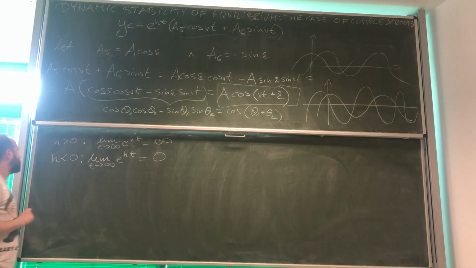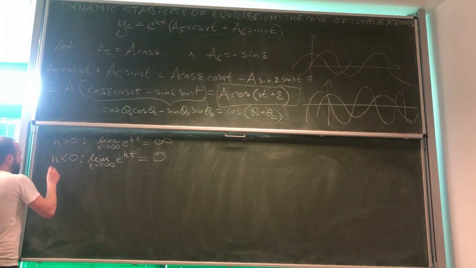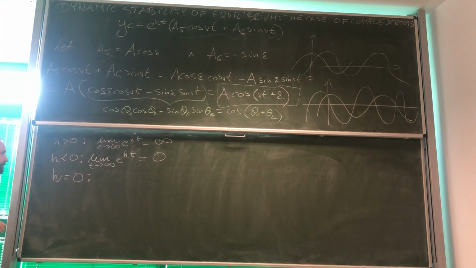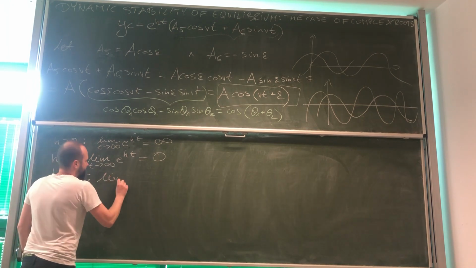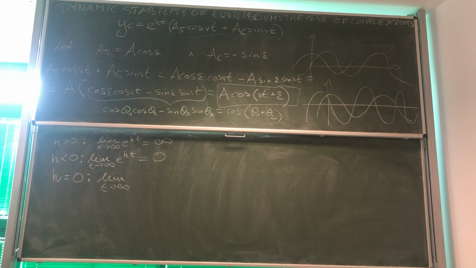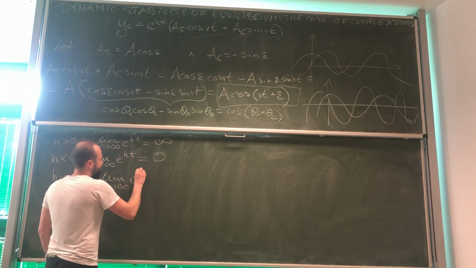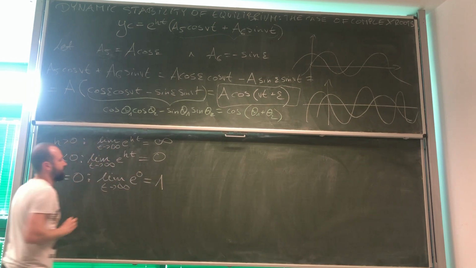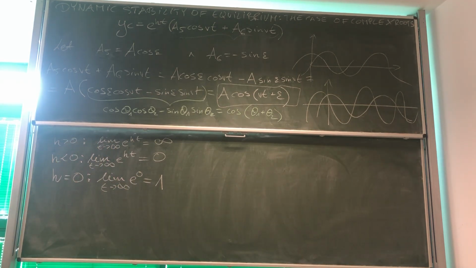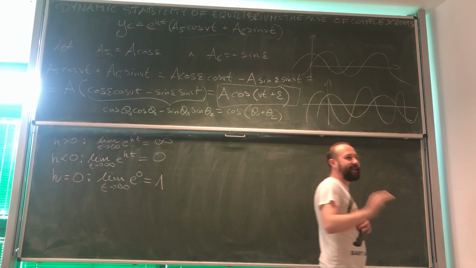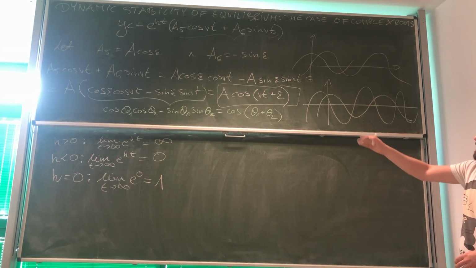It dies out to 0. Right? And finally, we might have a case of h equal to exactly 0, and then the limit as t approaches infinity, which is actually not needed even here, is this, right? It's a constant. It's always 1.